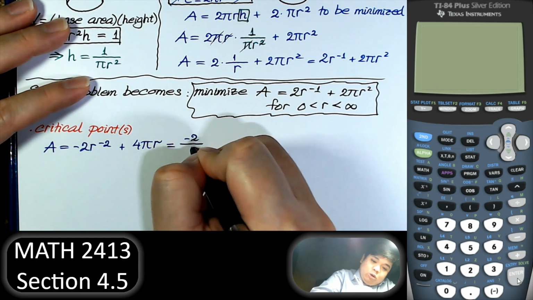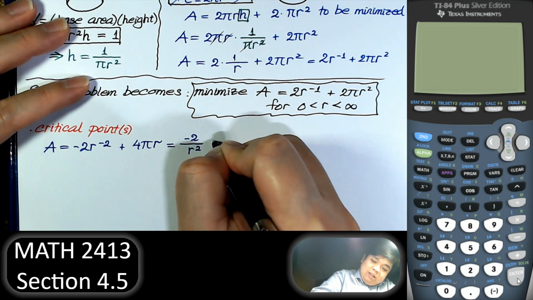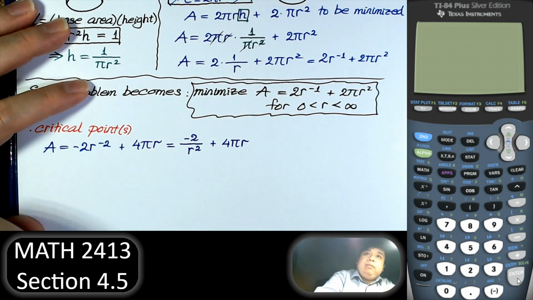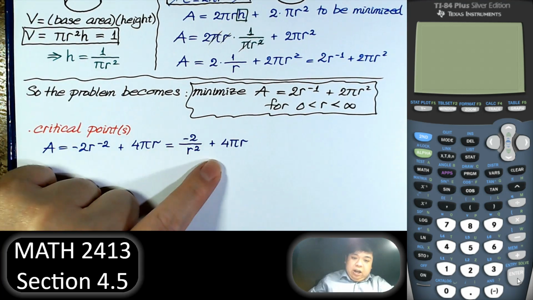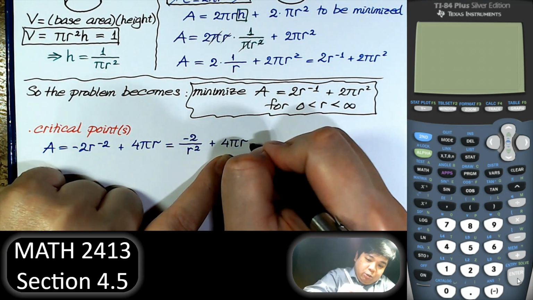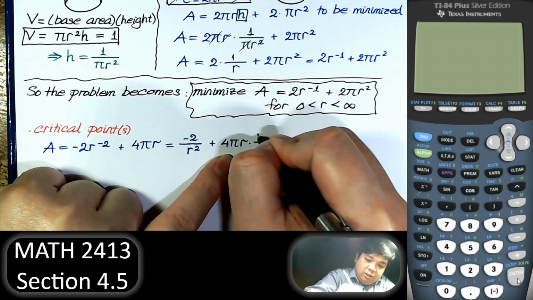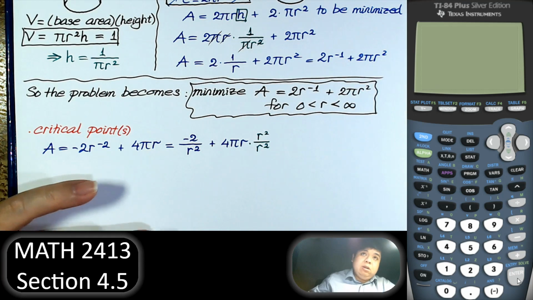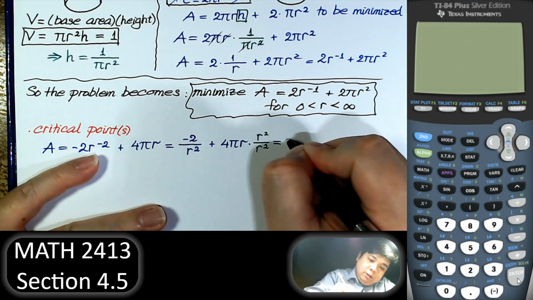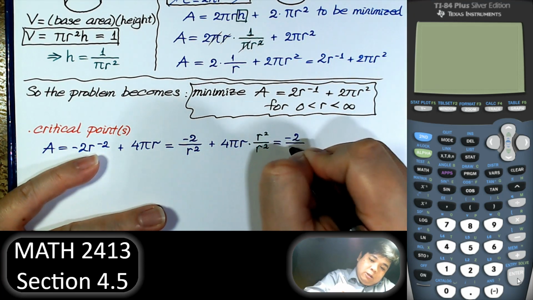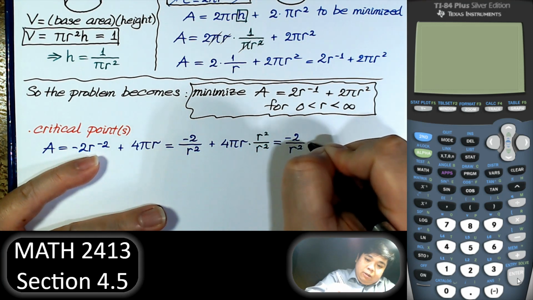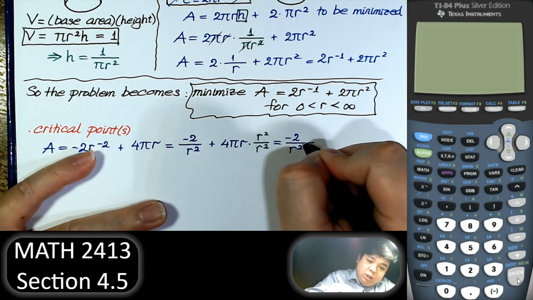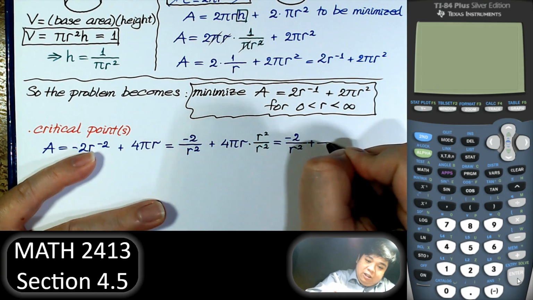I have to put it all together in one big fraction. So if we need to put them in one big fraction, we multiply r squared top and bottom to have the common denominator.